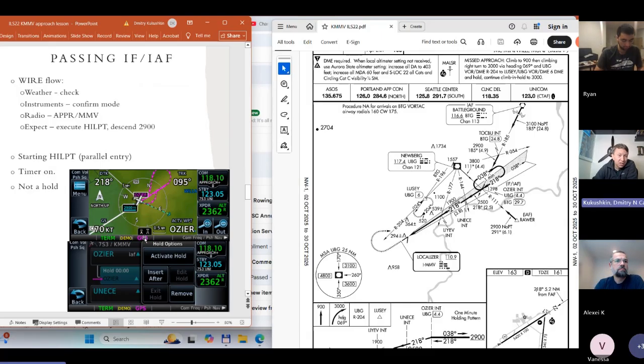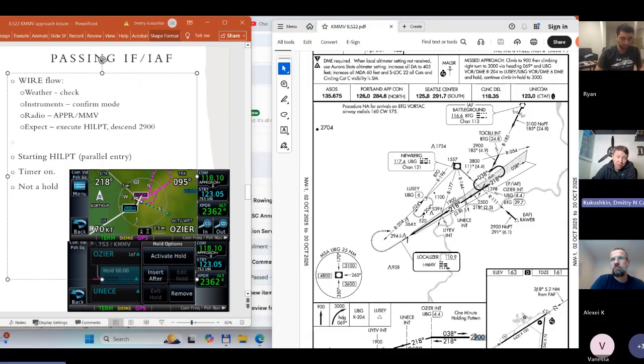On the 650 you see that pink GPS still in this case, in this moment, while you are course reversing, you will be on the pink needles on GPS mode. Radio, you're talking to approach, you probably load McMinnville CTAF at this moment. And what do you expect? Once you're done with hold in lieu of procedure turn, you descend 2900.